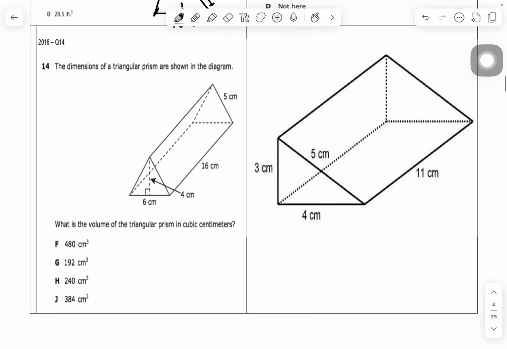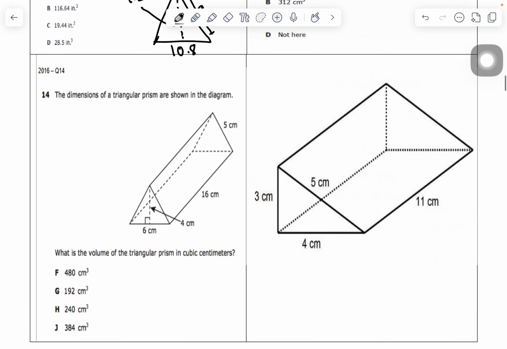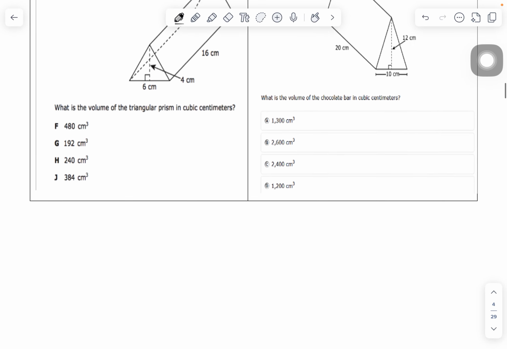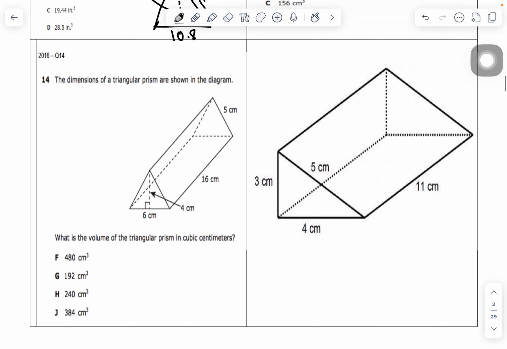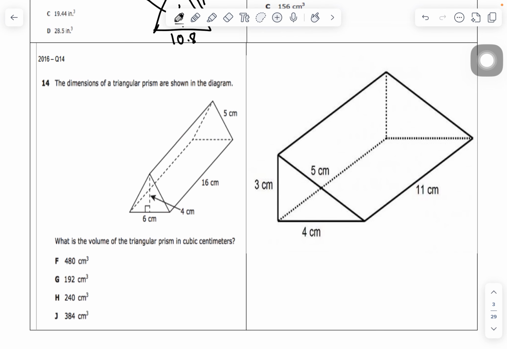Okay. Let's see, between 14 and the next one. I gave you several of these because I want you to practice the division by 2. Let's look at 14. 14 is from the 2016 STAAR. You're also given 4 problems. We just need to find volume.